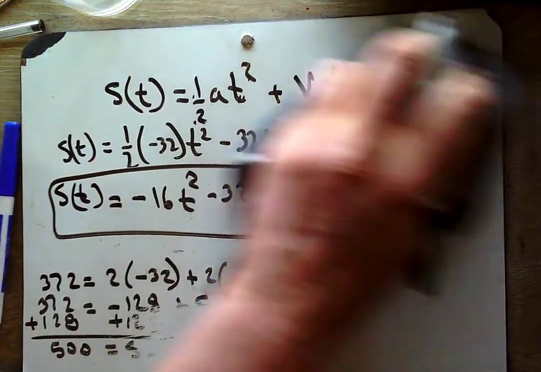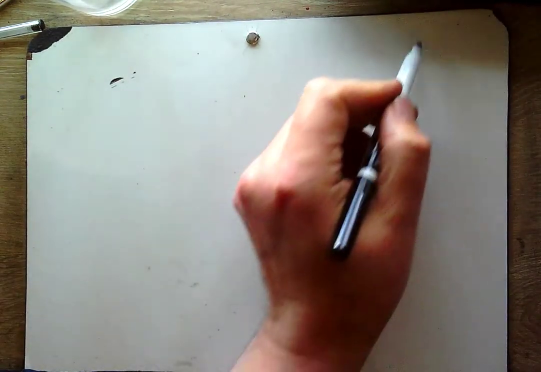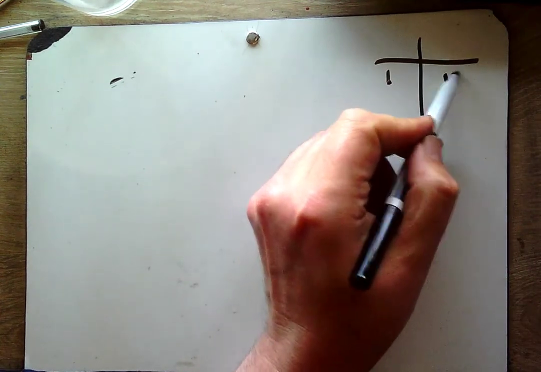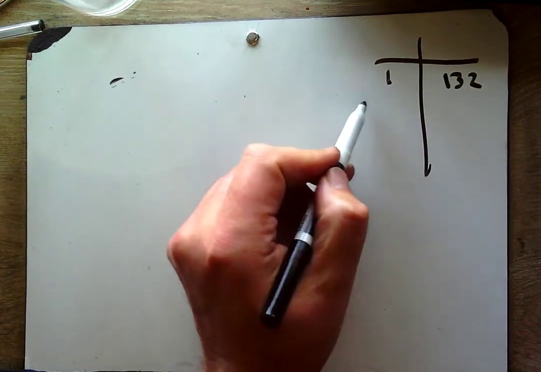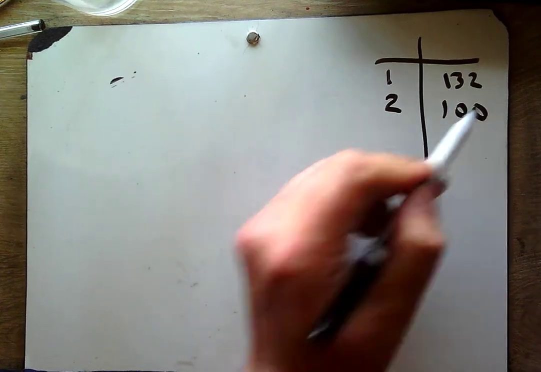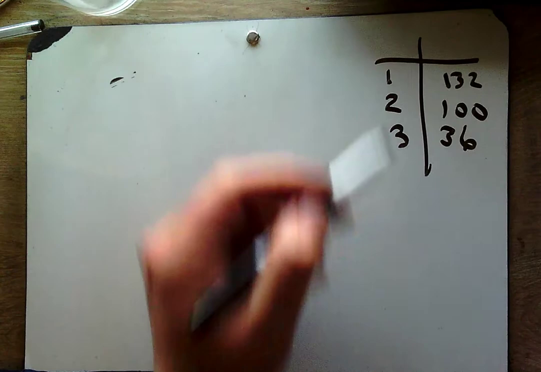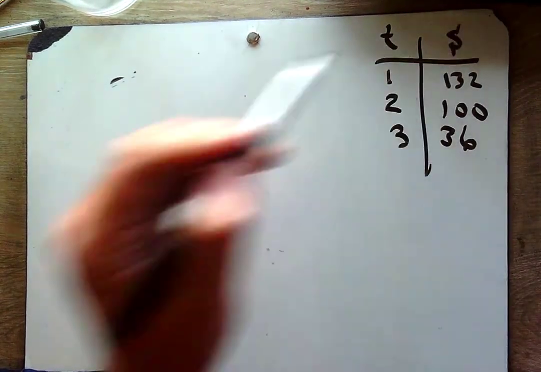Okay? So here's yours. We know that at time equal to 1, you're at 132 feet. And at time equal to 2, you're at 100 feet. And time equal to 3, you're at 36 feet. Time and position.